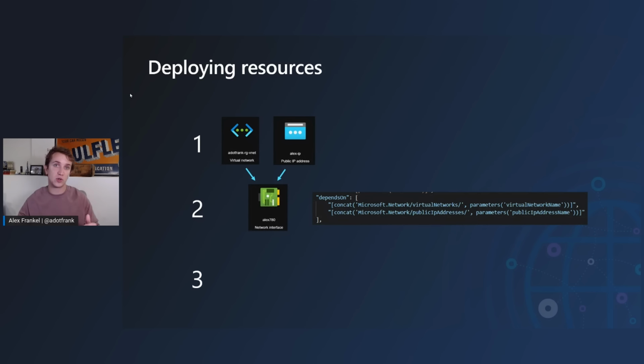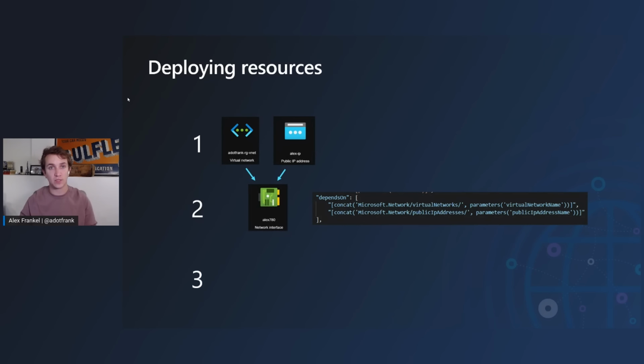And then only once those are done do we move on to the next step, which in this case is the network interface. Now, if I go and look at the network interface and I look at the ARM template and I look at the depends on property, I will see a reference to the virtual network and the public IP address. There's an expression here, once it gets fully evaluated, it ends up being the actual name of the VNet and the actual name of the public IP address.